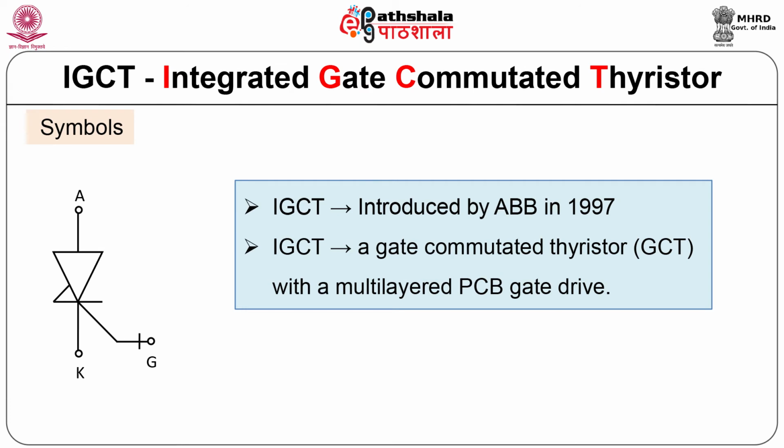The next device is IGCT, that is Integrated Gate Commutated Thyristor. IGCT, which was introduced by ABB in 1997, is a gate commutated thyristor with multi-layered PCB gate drive. Its symbol is shown in the figure.